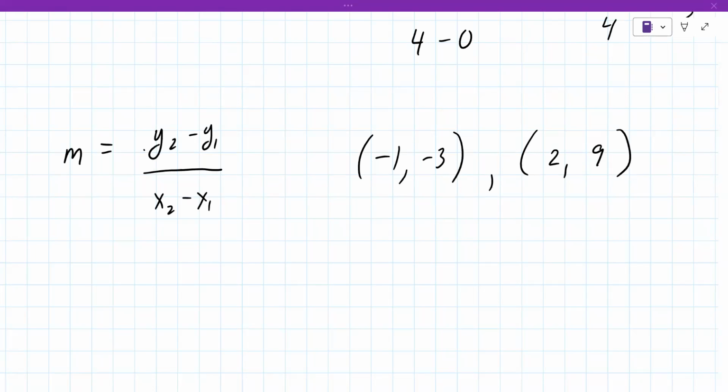So it's 11/3. We got 9 minus a -3 over 2 minus a -1. So it's not 11/3. 9 minus a -3 is 12.